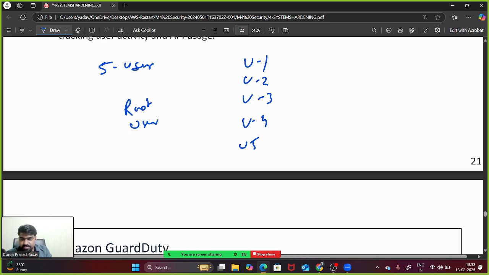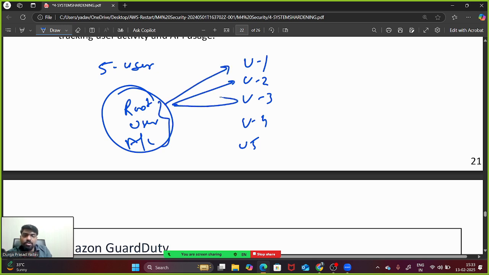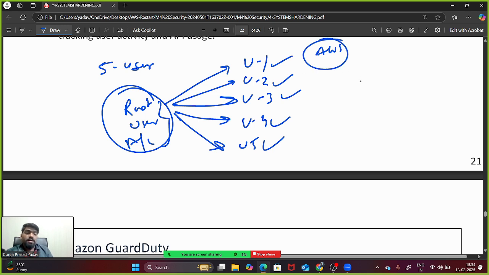This is the root user of the AWS account, and this root user has created 5 users. They all are able to access the AWS resources now. Let's say you have created S3 bucket 1, S3 bucket 2, EC2 instance 1, EC2 instance 2.